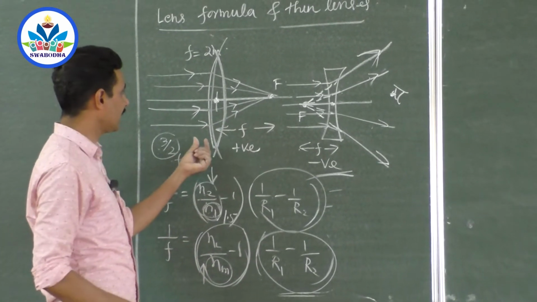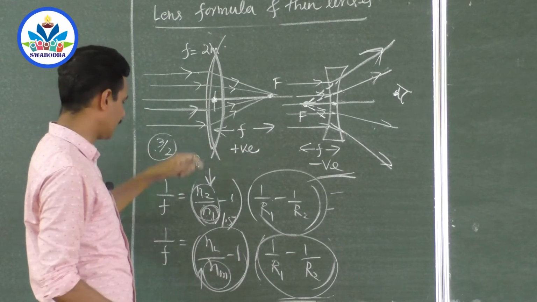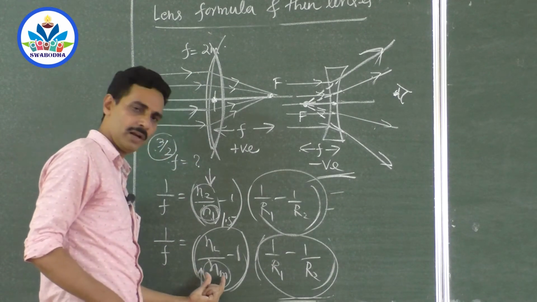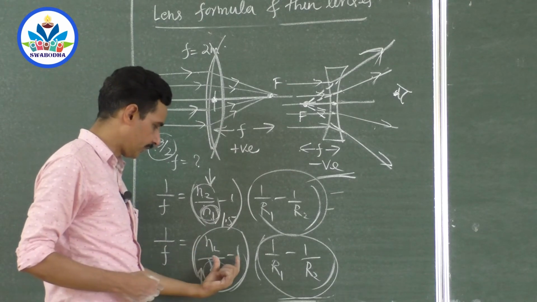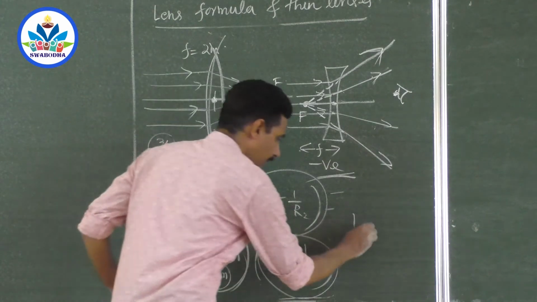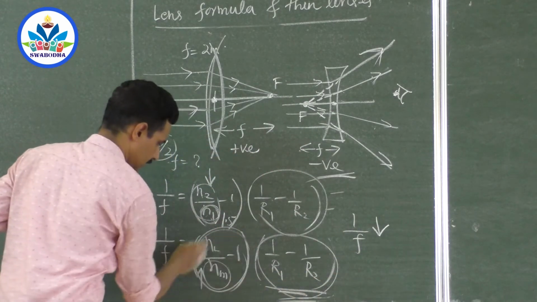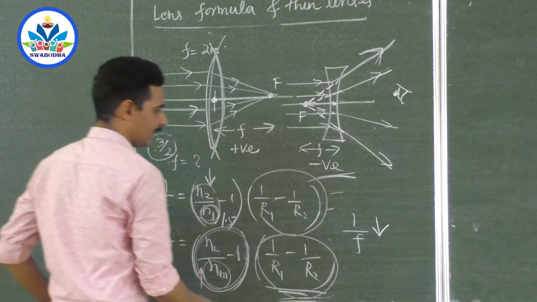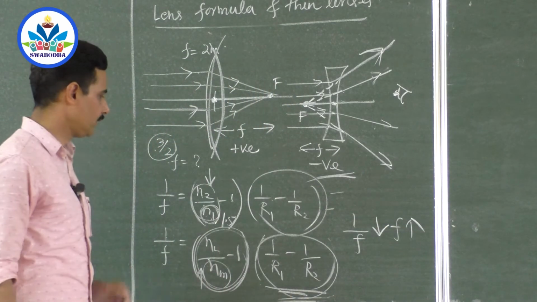So if a convex lens kept in air has a focal length of 2 meters, once it is immersed in water, the denominator increases, the total difference decreases, 1 by f decreases, so the focal length increases.